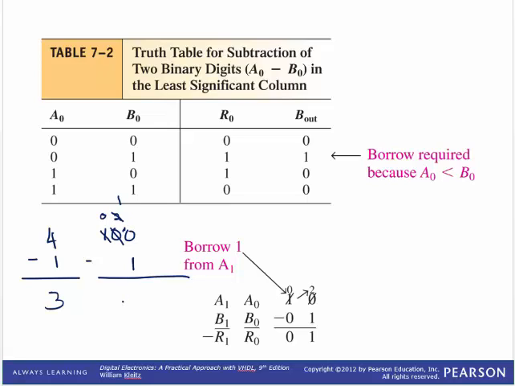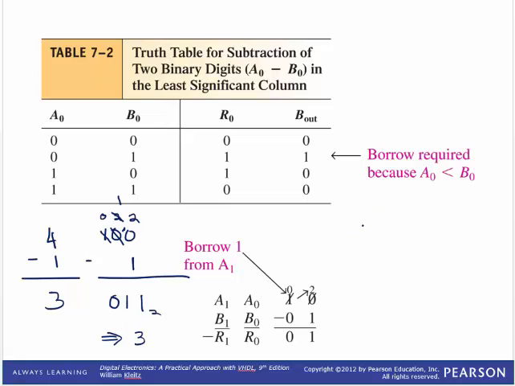And then carry over here. It's 1, 0, which is really a 2. So 2 minus 1 is 1. 1 minus 0 is 1, and 0 minus 0 is 0. So here is our answer in base 2, which is the number 3. So it checks. So that just shows a little bit more about borrowing.